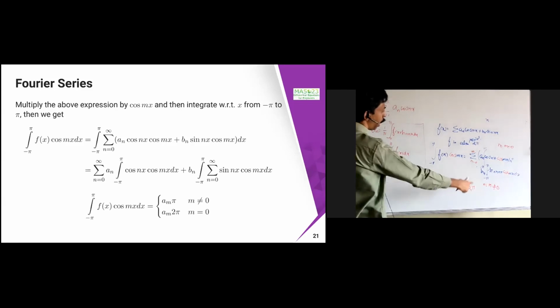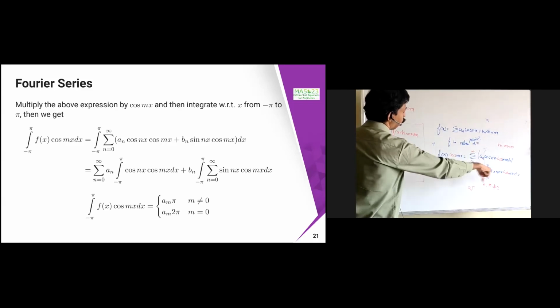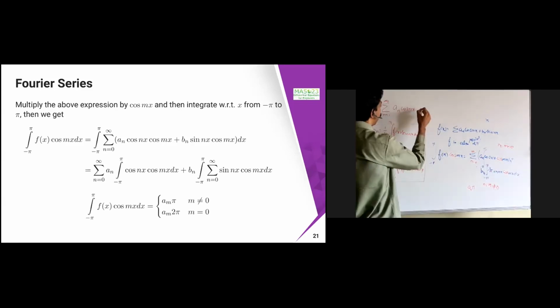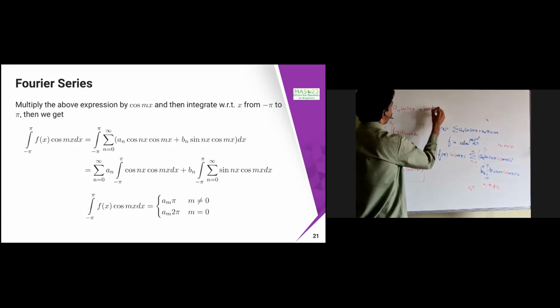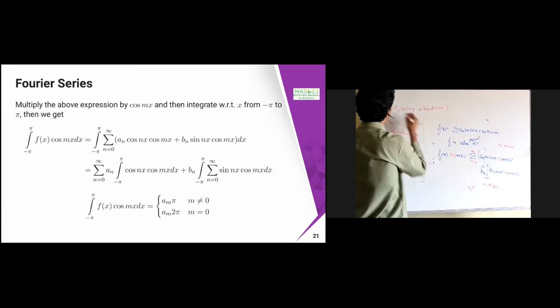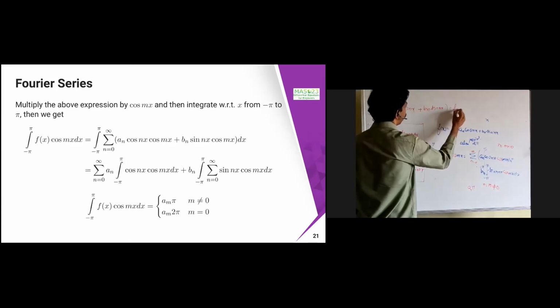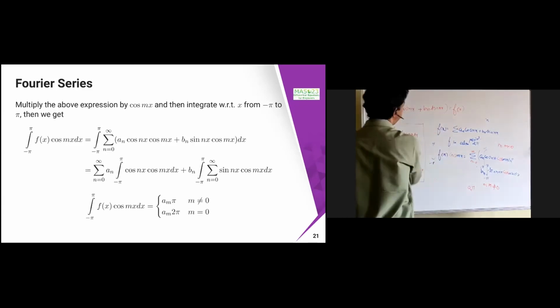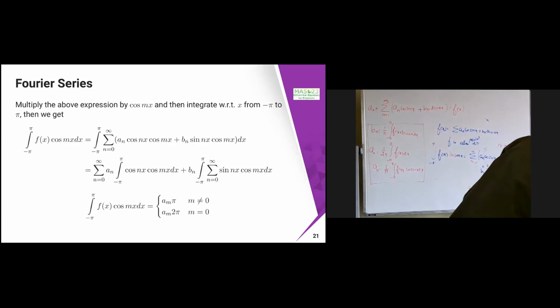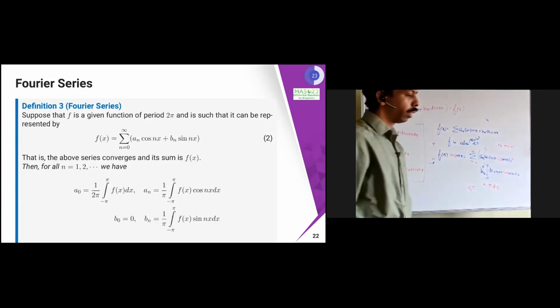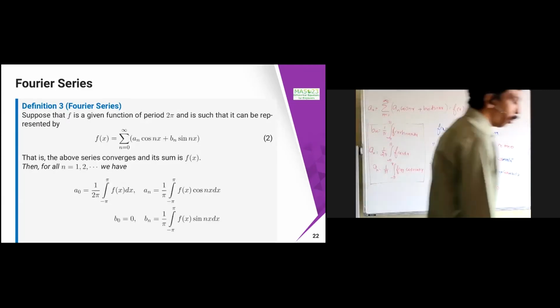Okay, b naught is already 0 because that is not going to survive. And then we have bn sin nx. So if I write this as f of x, this is called the Fourier series, where a naught, ans and bns are given. So this is called the Fourier series definition.